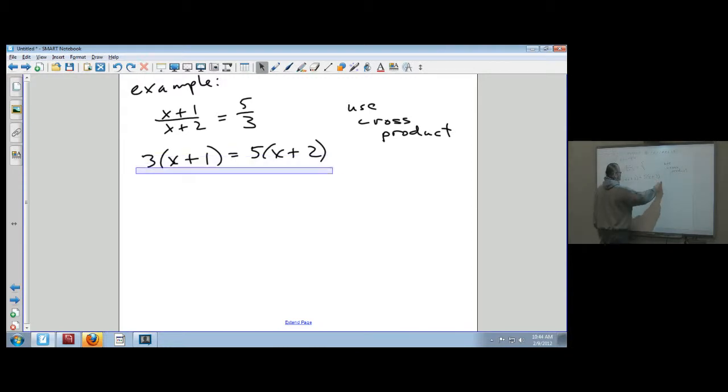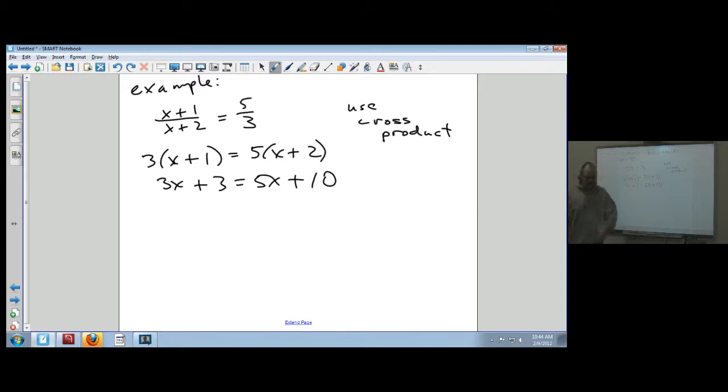Well, right here we have no fractions. Then we clear parentheses, if you'll recall, from the steps. So cross products is just another way that we clear fractions. It's really the same thing that we've been doing. It's just a shortcut.